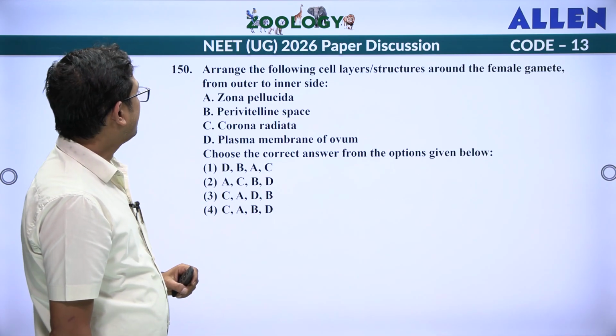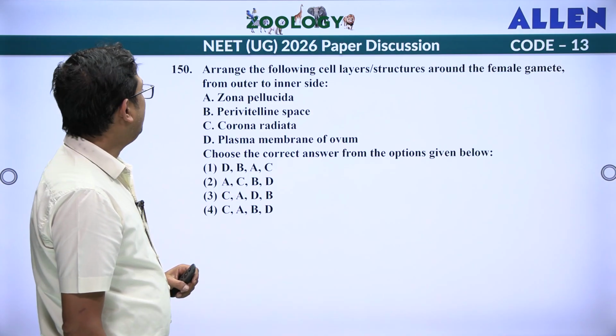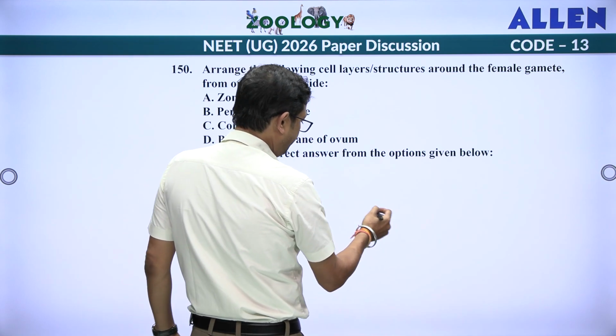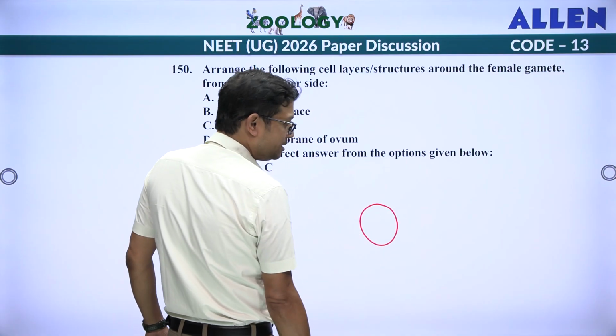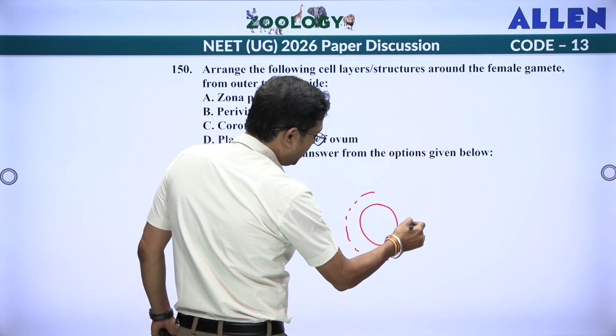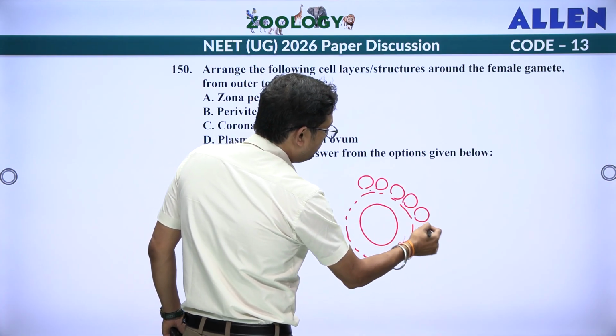Next. Arrange the following cell layers or structures around the female gamete from outer to inner side. Okay. So from inside if I draw, this is the plasma membrane, then zona pellucida and then corona radiata. But they are asking from outside to inside.